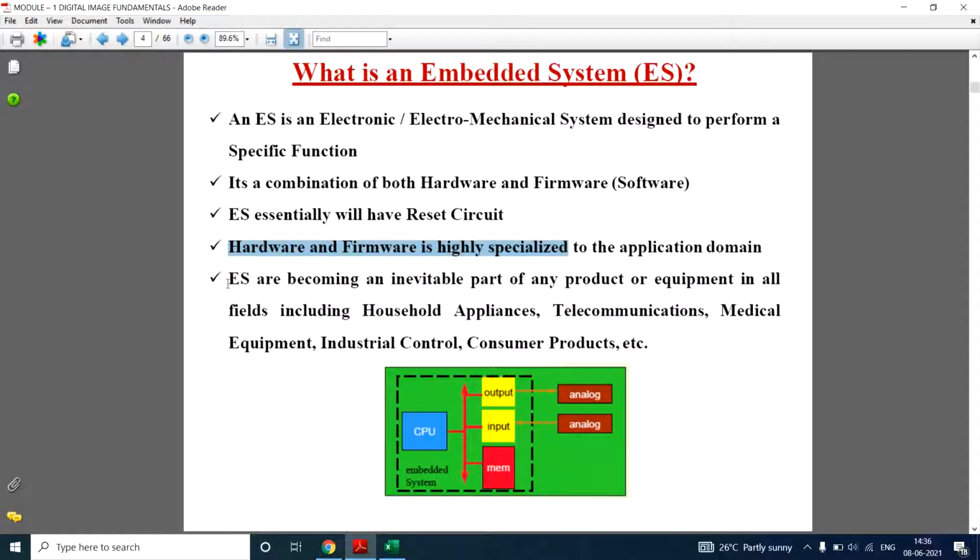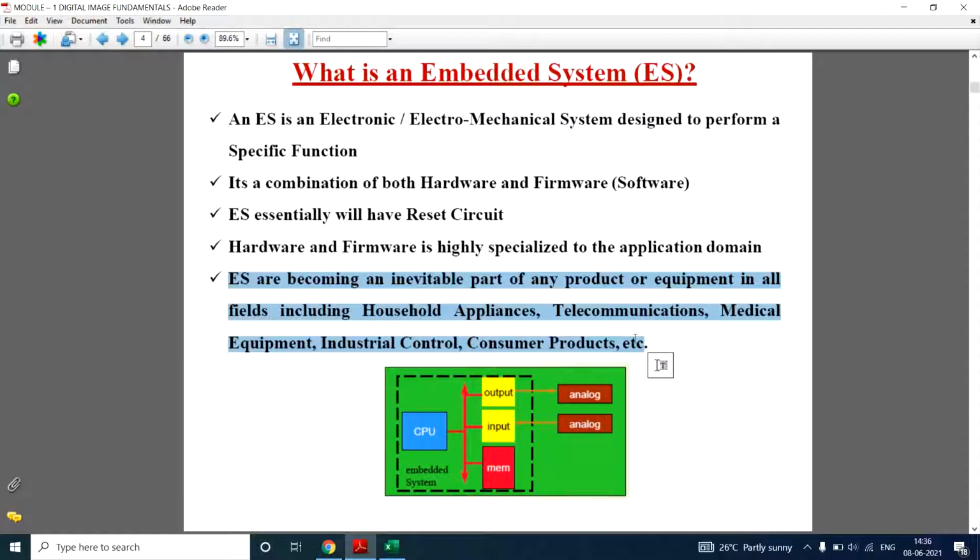And embedded systems are becoming an inevitable part of any product or equipment in all fields, including household appliances, telecommunications, medical equipment, industrial control, consumer products, etc. So nowadays embedded systems are everywhere.